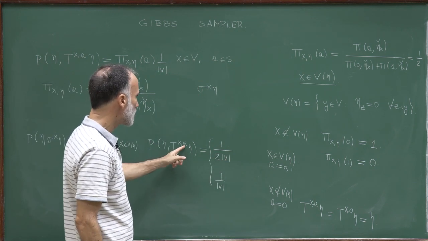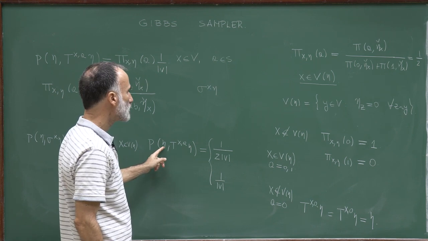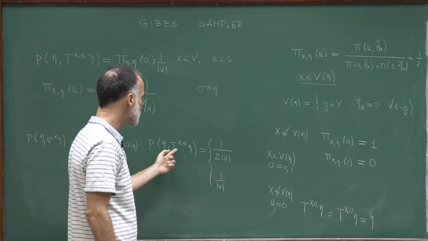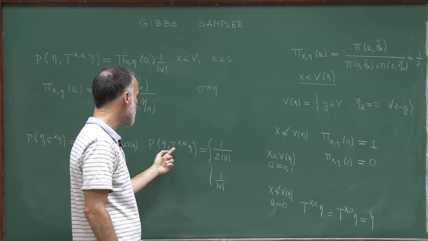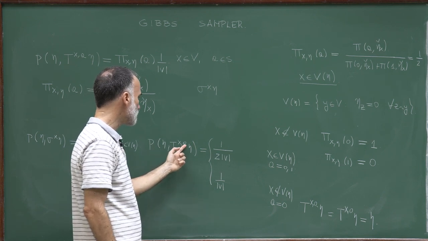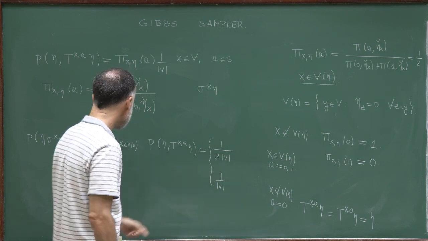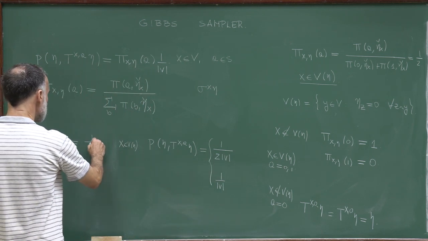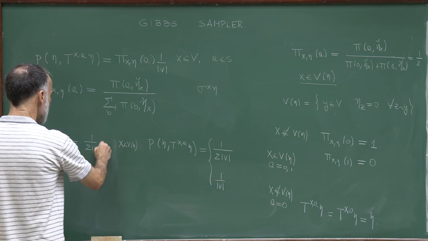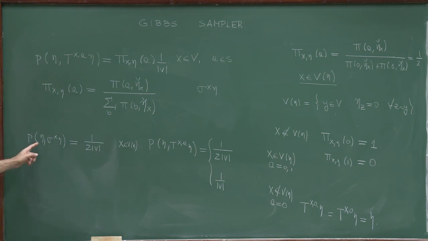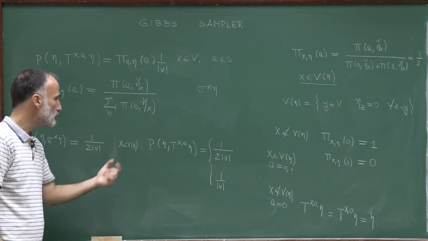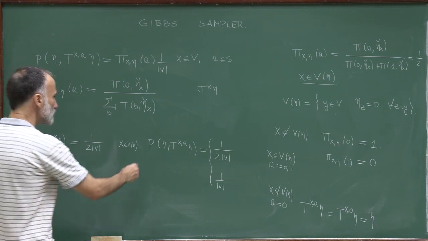So that will be, if eta_x is equal to 0, to take a equal to 1. If eta_x is equal to 1, it would be to take a equal to 0. But in both cases, this is 1 over 2V. So the probability that you jump from eta to sigma_x is 1 over 2V if x belongs to V of eta.